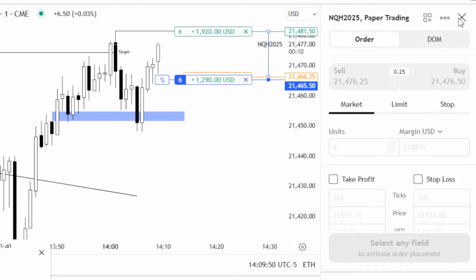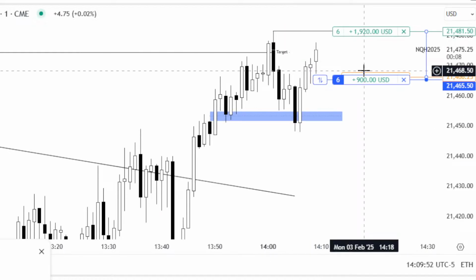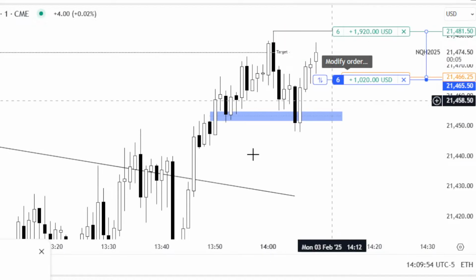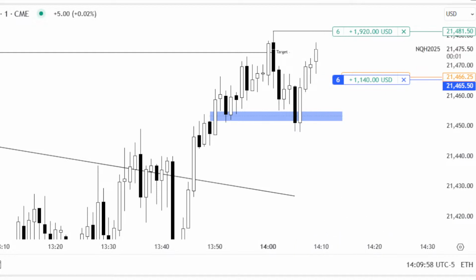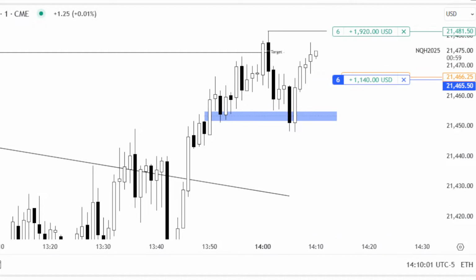Moving my stop there to break even, just in case it starts to come down. Keep those lows there. Just keep pushing up. Push, push, push.